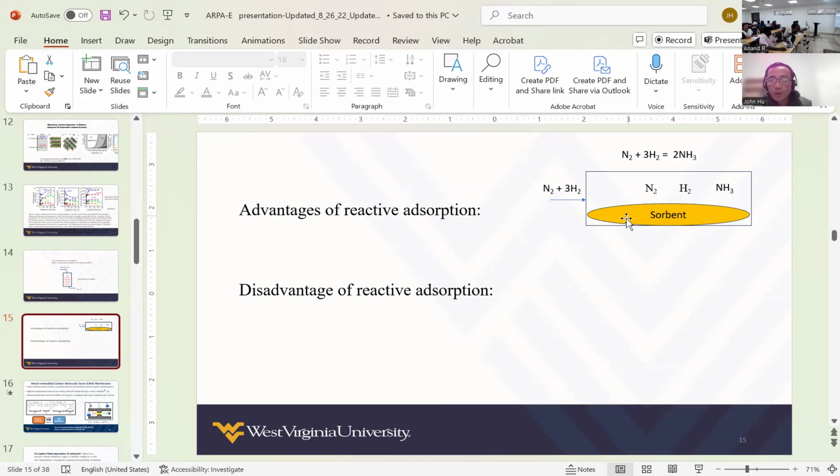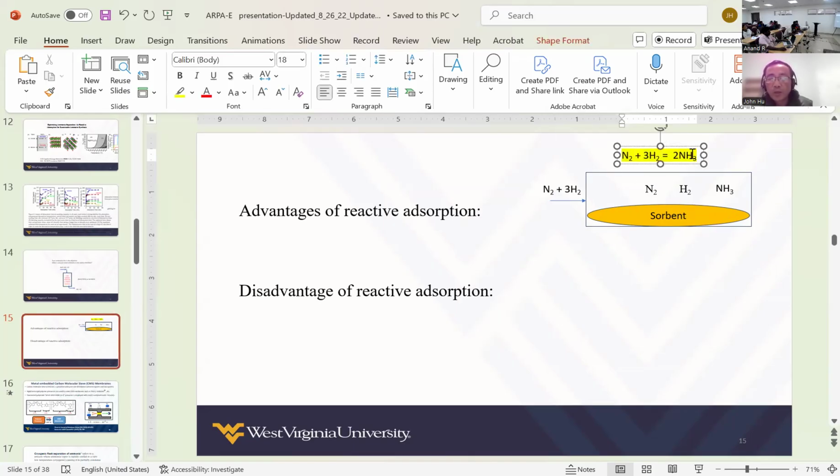You put this orange-colored solvent inside the reactor, and then ammonia is absorbed on the solvent. So the only thing you have left is nitrogen and hydrogen. Before that, the reaction inside the reactor without solvent is in equilibrium. That means in the reactor you will have nitrogen, hydrogen, and ammonia. Now you drag the ammonia onto the solvent. What's happening? How does it affect the equilibrium? The equilibrium will shift.